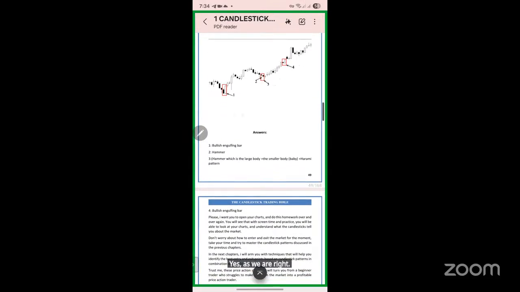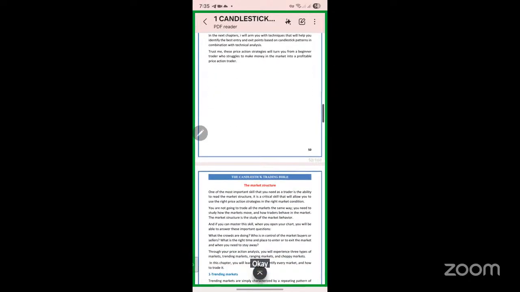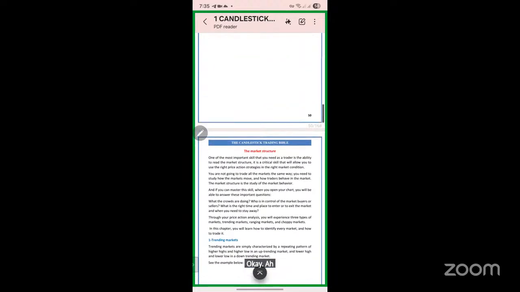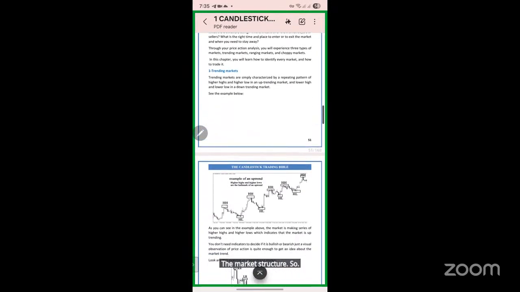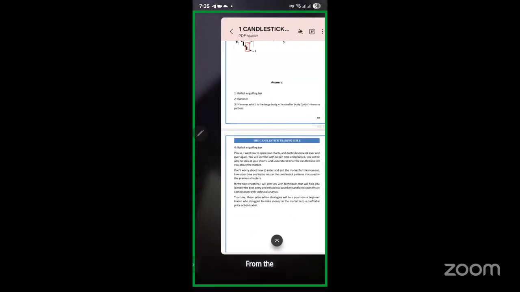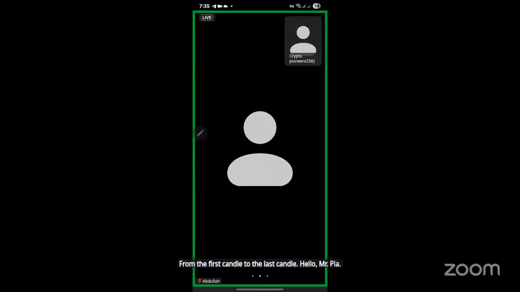Bullish engulfing bar, the hammer, which is a small body plus a long shadow. Next we are going to look at the market structure. Market structure will be easier if you have known all the candles from the first candle to the last candle. Allow me to stop here and take you to the 7:30 lesson.